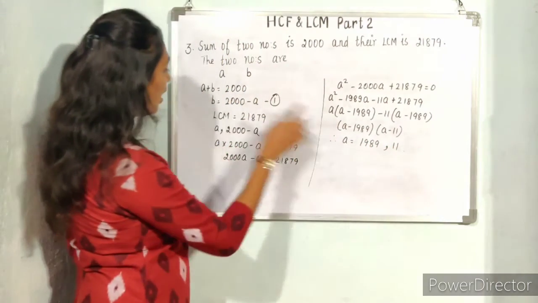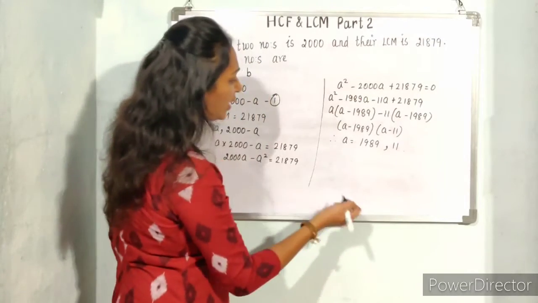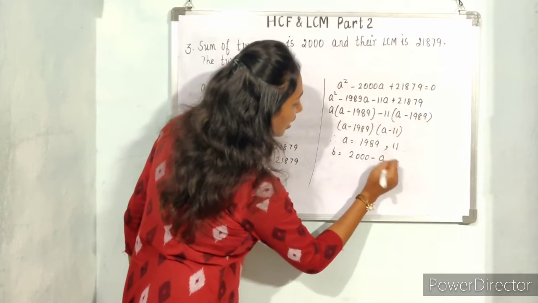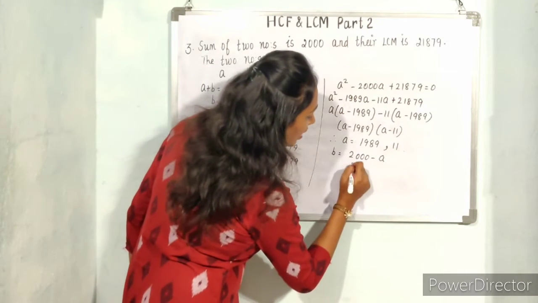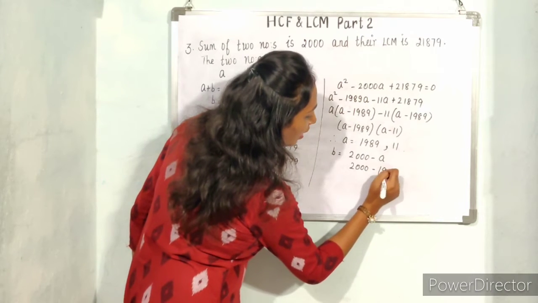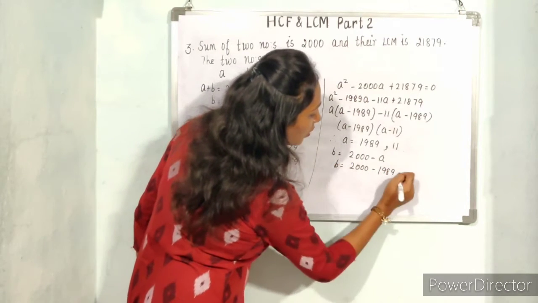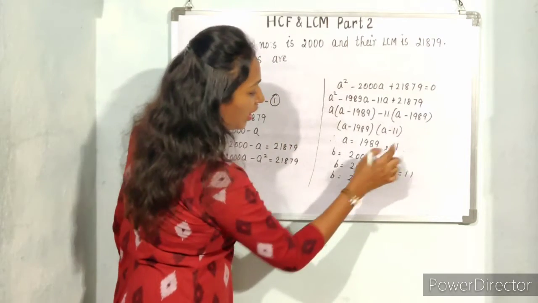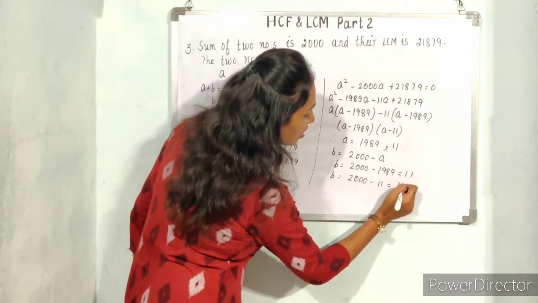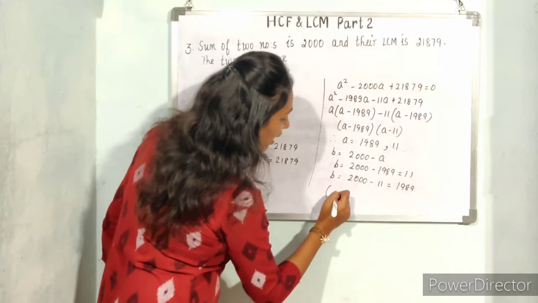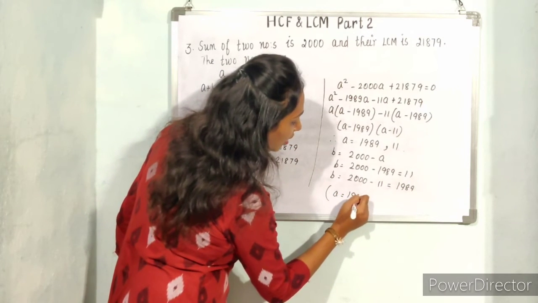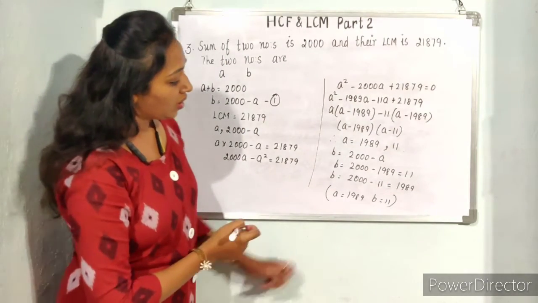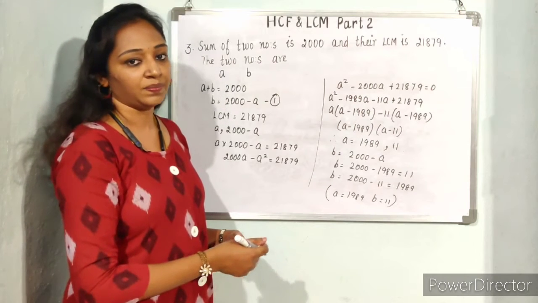Now substitute this value to get the value of B. The value of B is 2000 minus A. When A is 1989, B equals 11, and when A is 11, B equals 1989. So the two numbers are 1989 and 11.